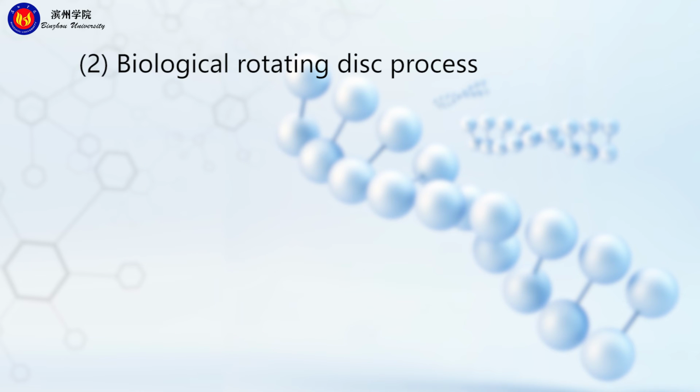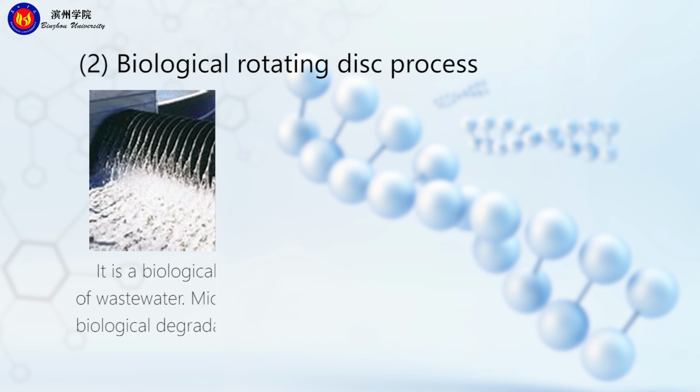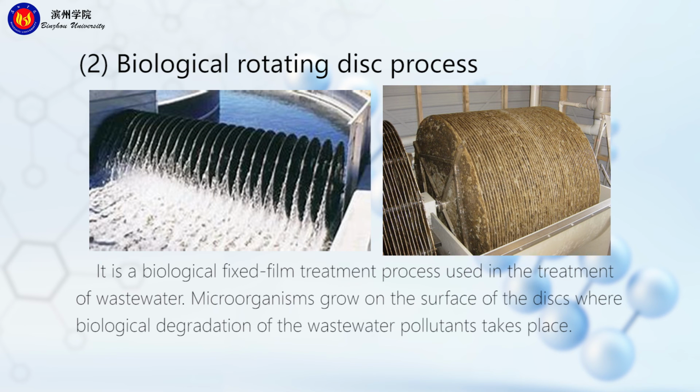Another method is called biological rotating disk process. It is a biological fixed film treatment process used in the treatment of wastewater. Microorganisms grow on the surface of the discs, where biological degradation of the wastewater pollutants takes place.